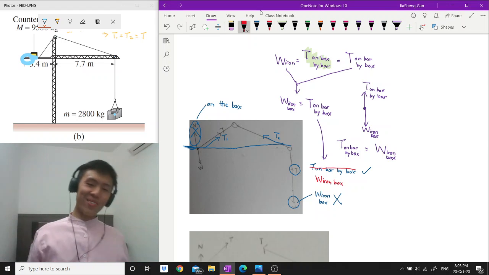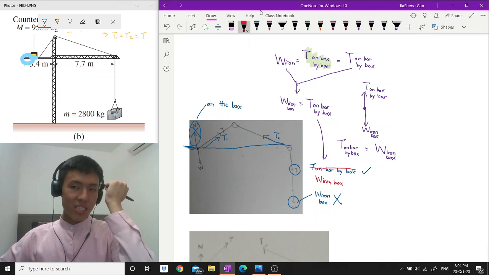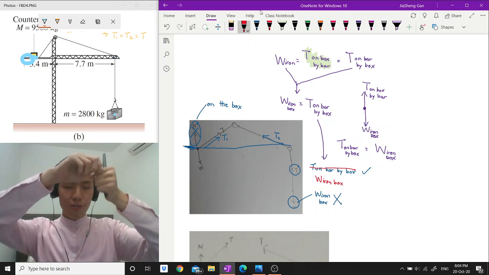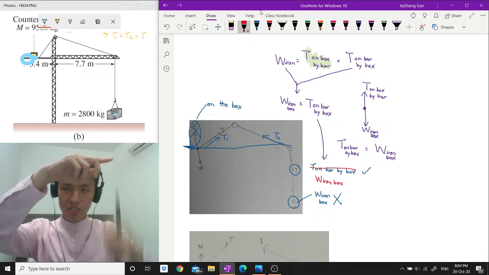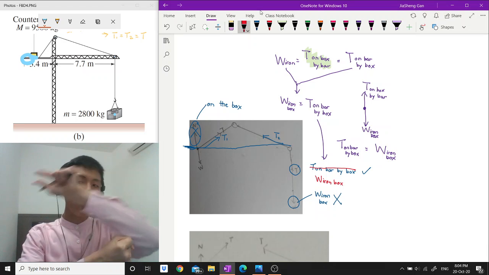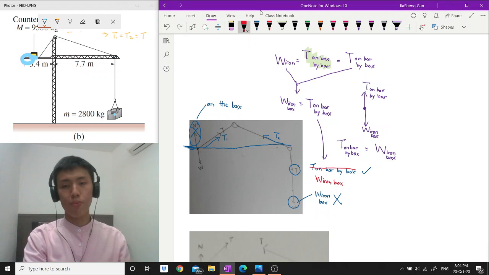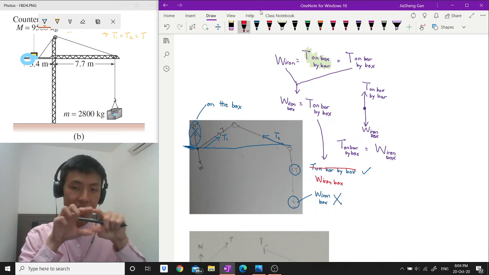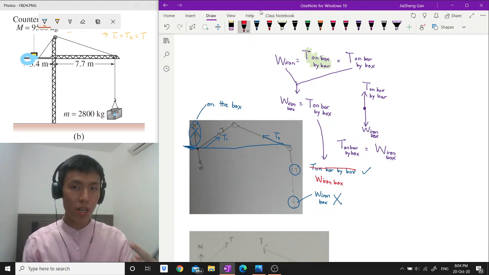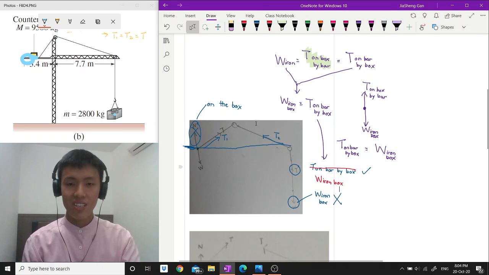It's a bit complicated to explain the whole thing, but what I can tell you is the bar only feels a force because of the string, but the tension exerted by the string on the bar has the same magnitude as the weight of the iron box. So you can replace the tension with the weight of the iron box. That's the idea behind it. Okay, if you still cannot understand, come and find me and talk about it. I know it's a bit messy right here. Okay.